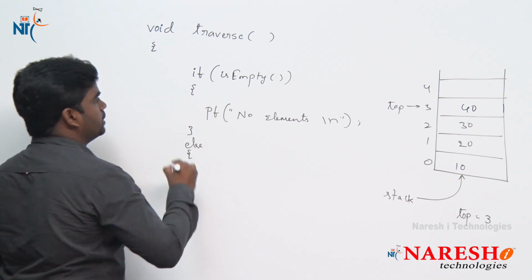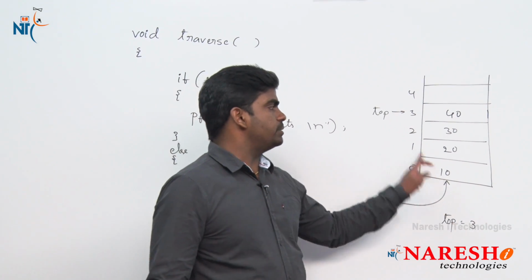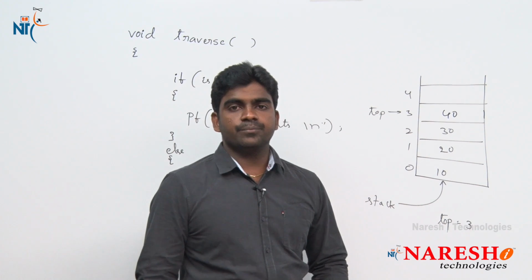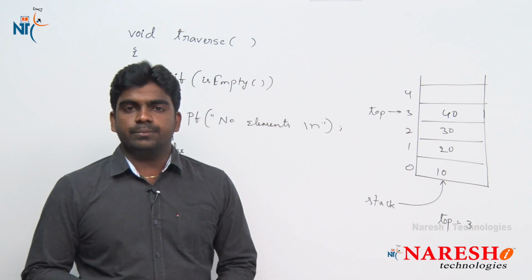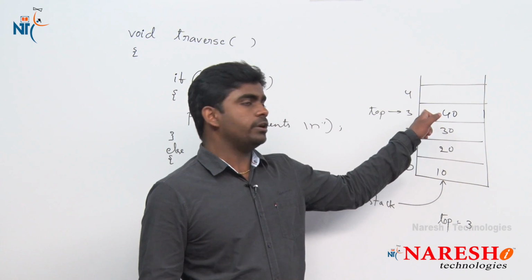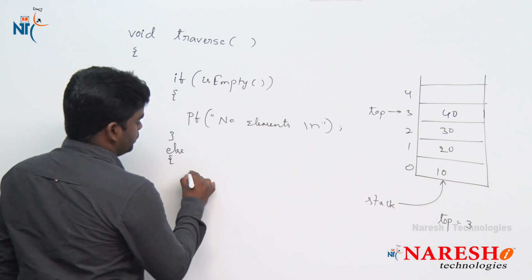For example, the stack has some elements. Here the top value is 3. The stack contains 4 elements, so you have to traverse all of them. Two options: either traverse from 10 to 40 or from 40 to 10, that is your interest. Simply use a for loop.